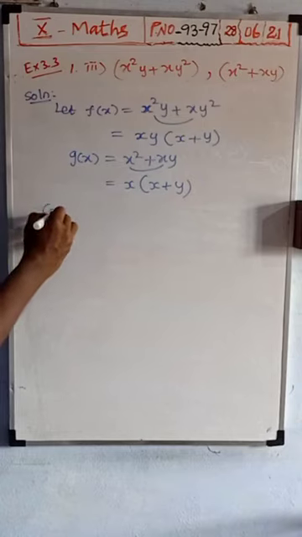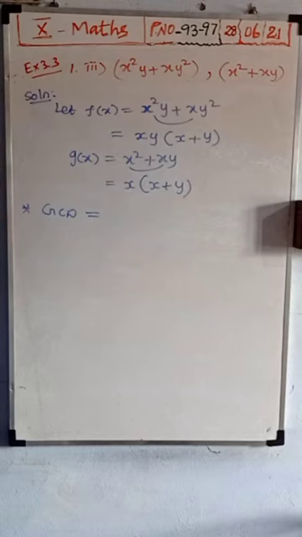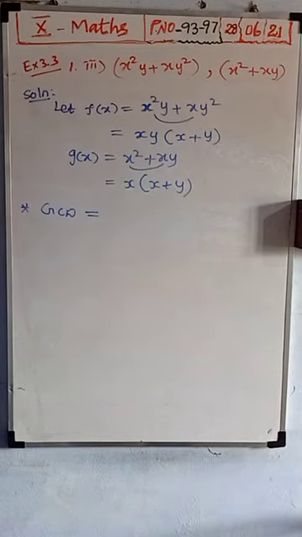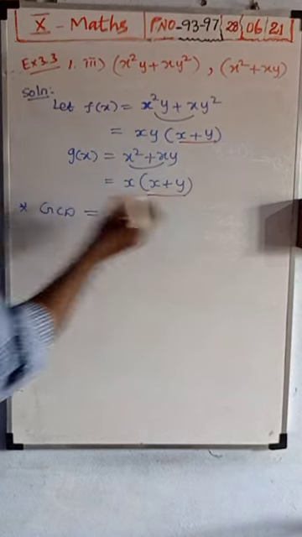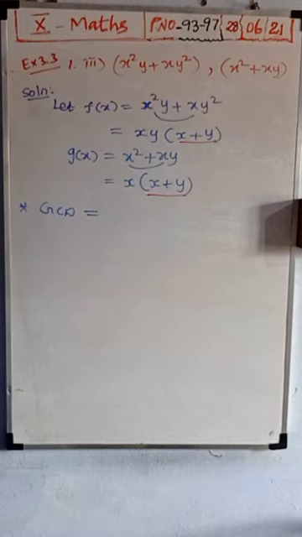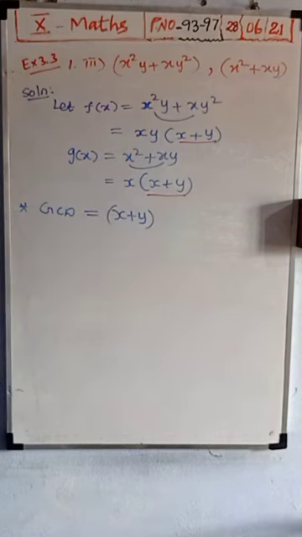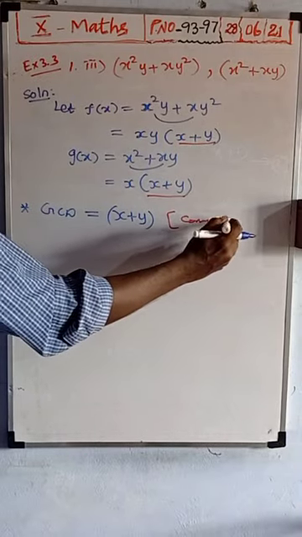Then first the GCD, next the LCM, it is easy. Now GCD means what is common in both. Both have x plus y common, so we write x plus y. GCD means the common term. For understanding purposes, I am writing these common terms.